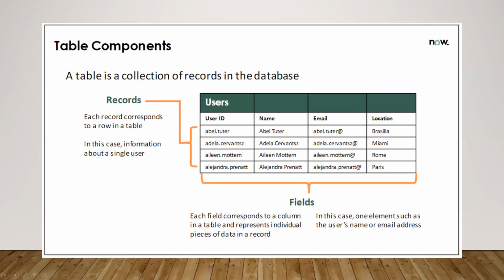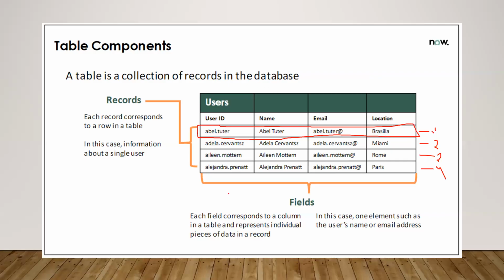This each row, one, two, three, four, presents one individual record. And that one individual record contains the user ID and name corresponding to that user. This is one record. Each row is one record.